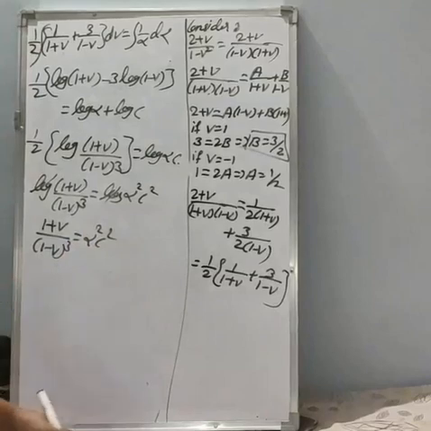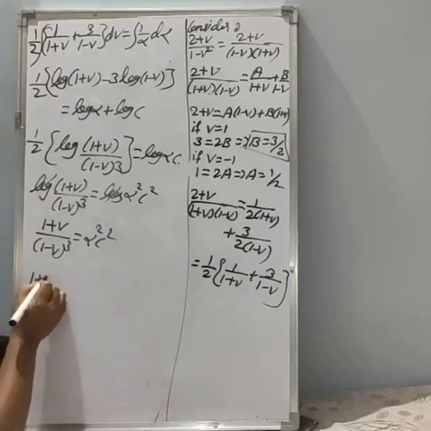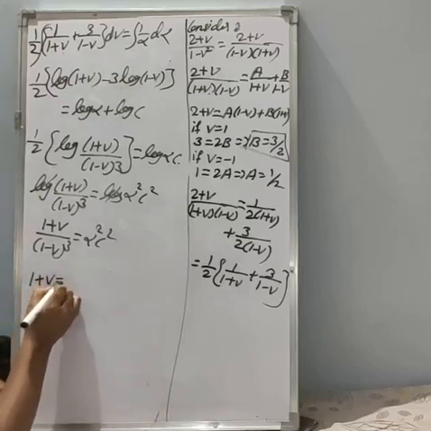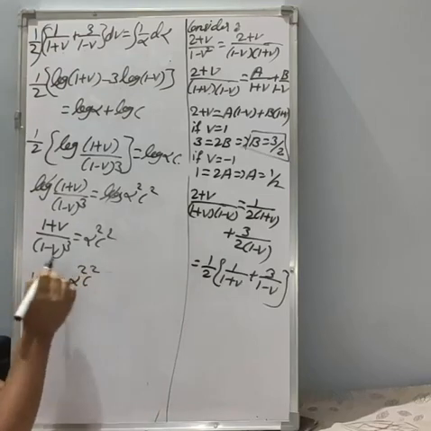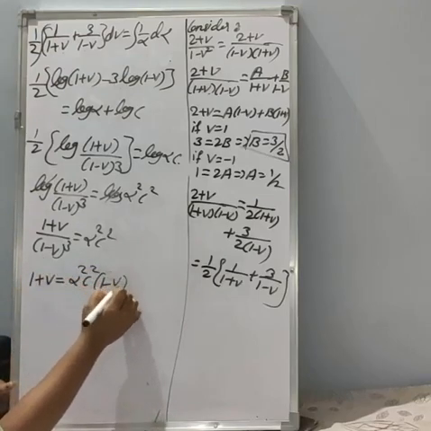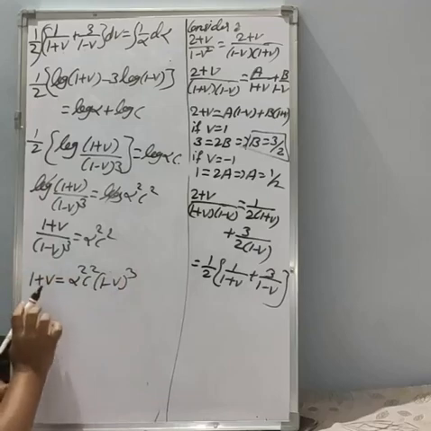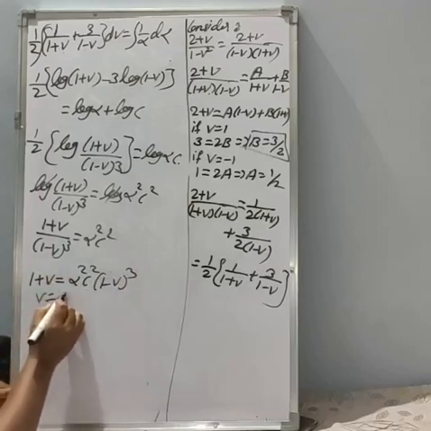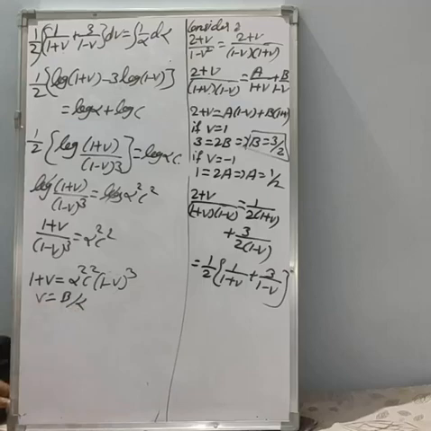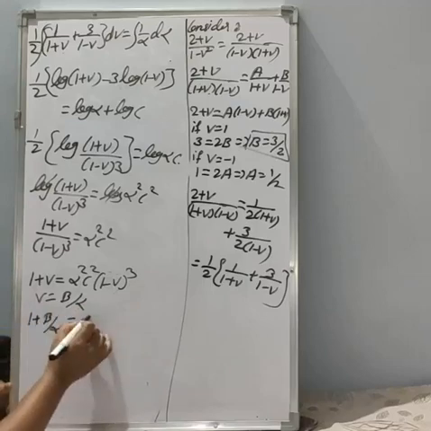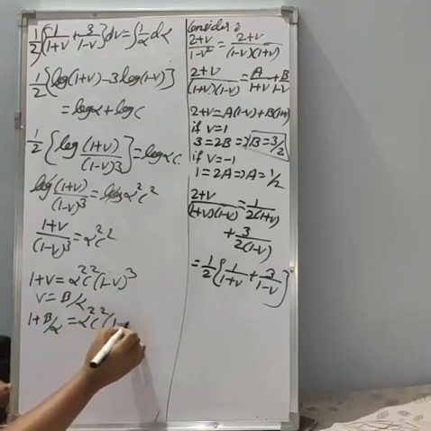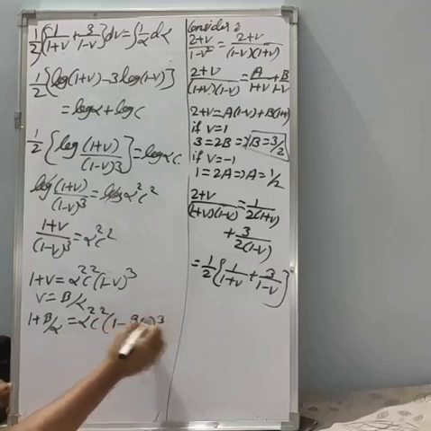Now finally substitute the value of v, which is beta by alpha. So you will get 1 plus beta divided by alpha is equal to alpha square c square into 1 minus beta divided by alpha whole cube.